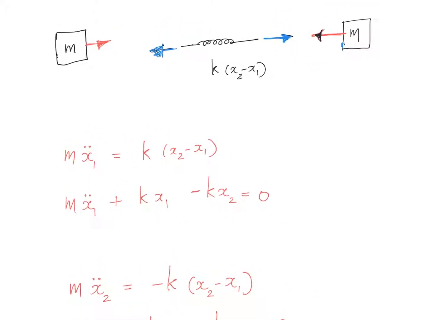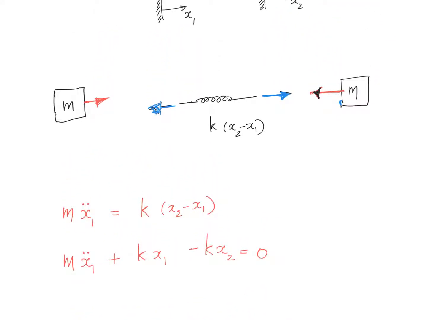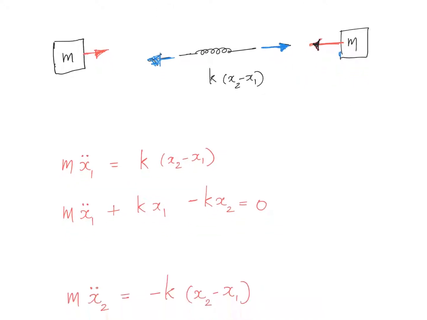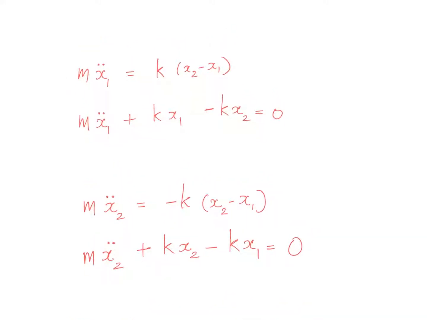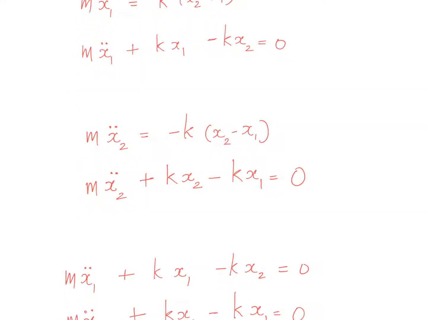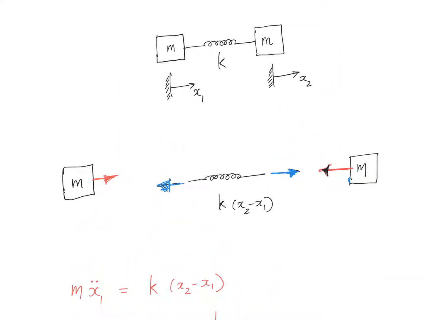Now, similarly, going with the same argument for the right hand side mass also. So this is our right hand side mass. Going with the same theory, the external force acting on that particular mass is opposite to the direction in which I have defined my positive x2.